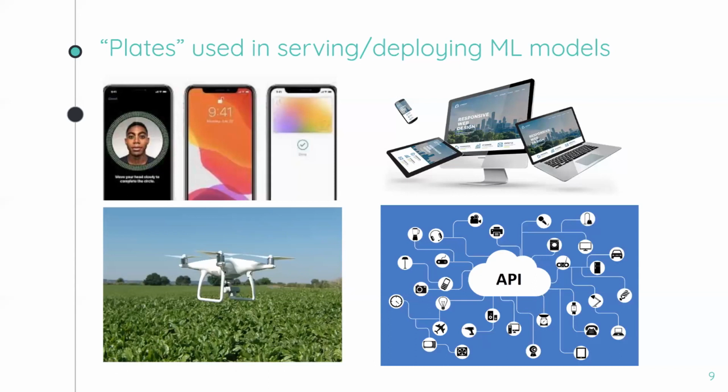So now that we have the plates, you serve your model on the plate, on the platform. We need to understand how to present it, which I call the table for serving the food, or for deploying your machine learning model. Your machine learning model is not just going to work on your phone app or on your IoT device.